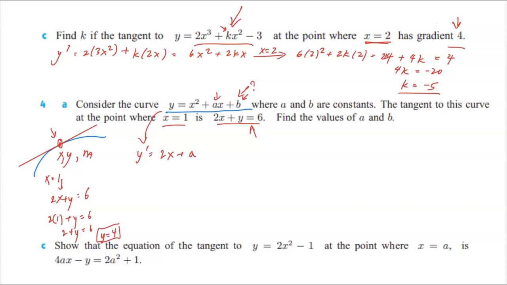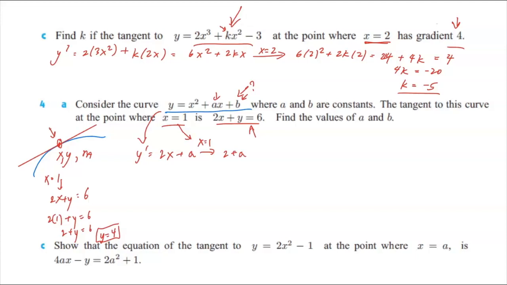Because the derivative of ax, if a is a number, is a. The derivative of b, if b is a number, is 0. So this is the derivative, and we want to know what the derivative is at x equals 1. So we can plug in x equals 1, and we'll just get 2 plus a. So the slope here at this special point happens to be 2 plus a.